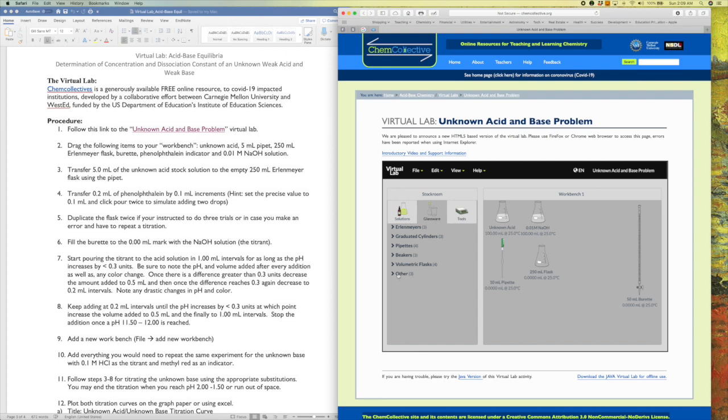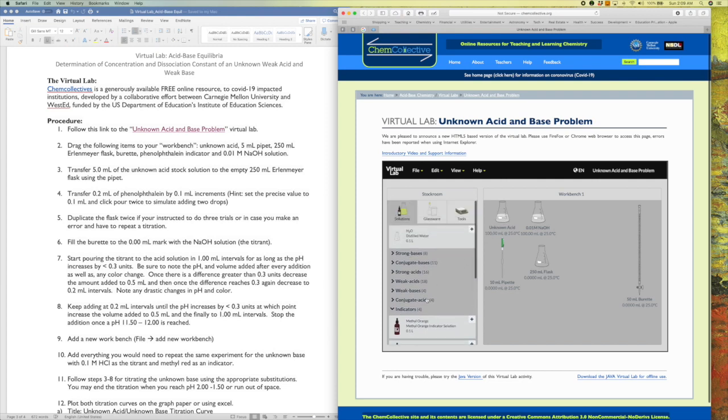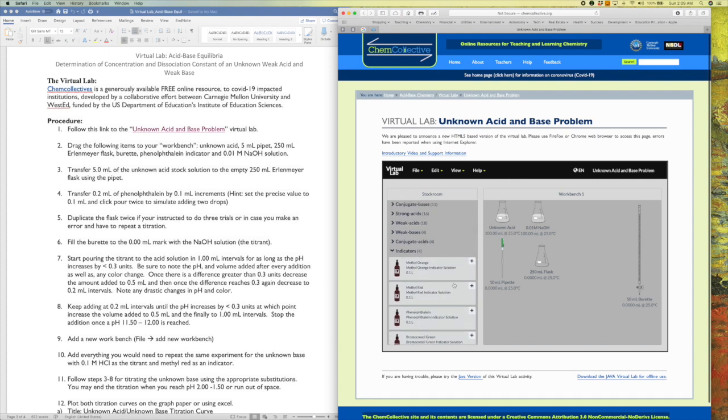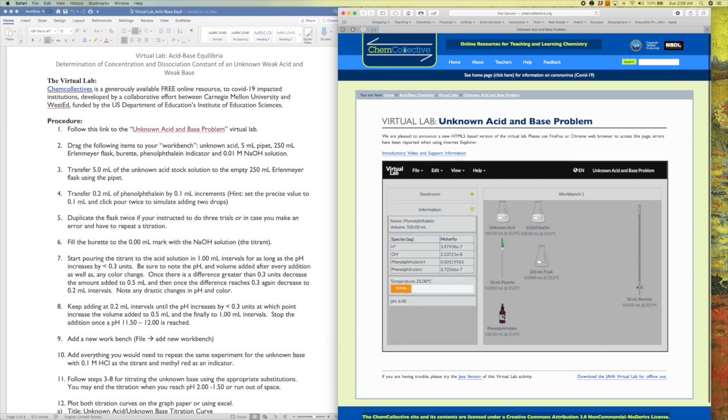We will be following this titration by pH, but I also want an indicator to let me know when the titration has reached its endpoint. The indicator is a chemical, so it would be under solutions. And for a weak acid, I will use phenolphthalein, which is good. And so I have that.